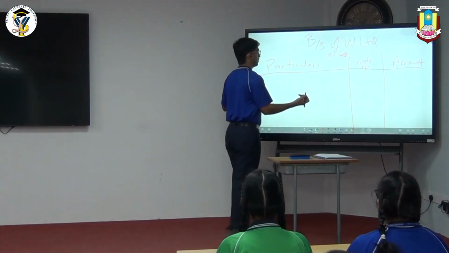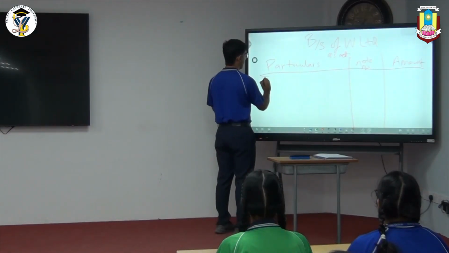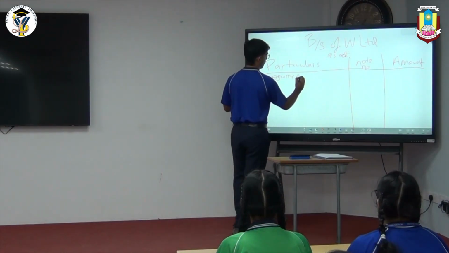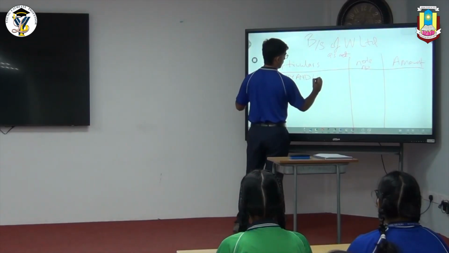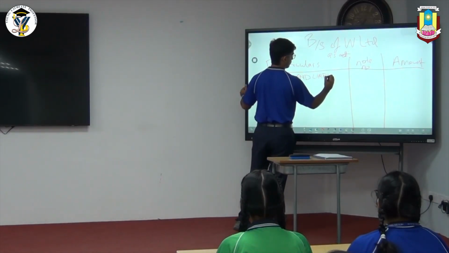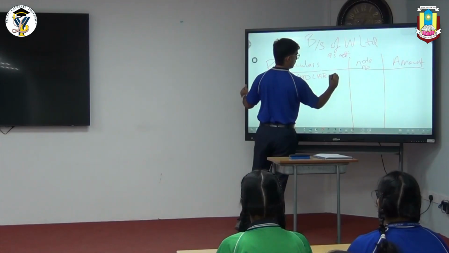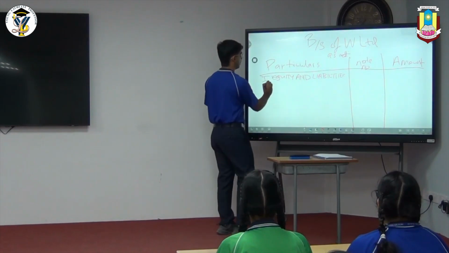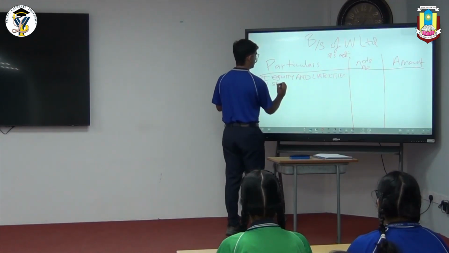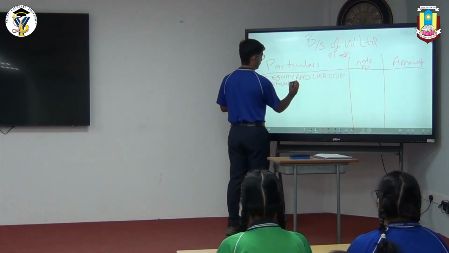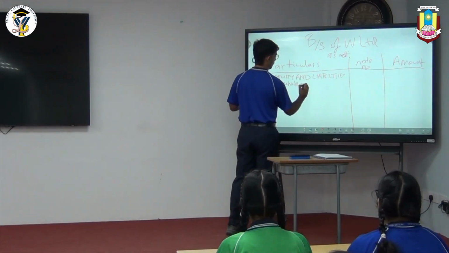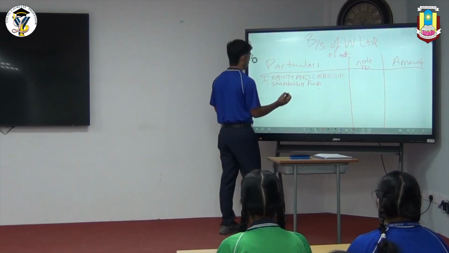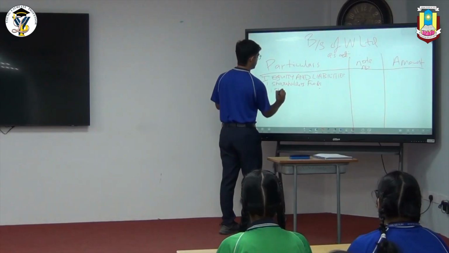In the balance sheet we have the main heading, that is equity and liabilities. Under equity and liabilities, we have a subheading, that is the shareholders' funds. And under this we are presenting the share capital.